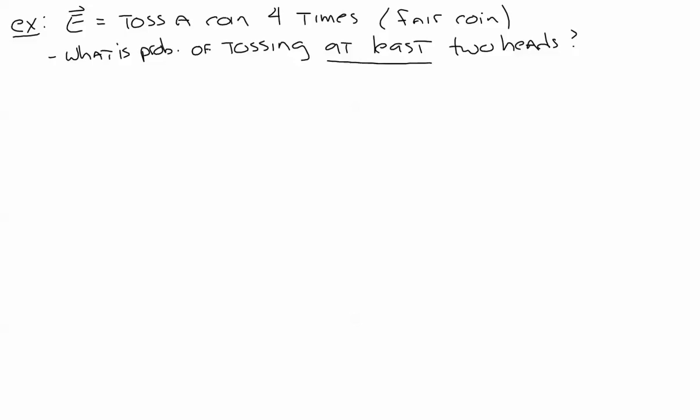All right, well, the probability of at least 2 heads equals the probability of exactly 2 heads plus the probability of exactly 3 heads plus the probability of exactly 4 heads.